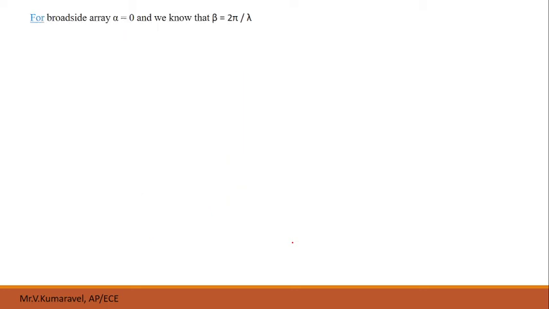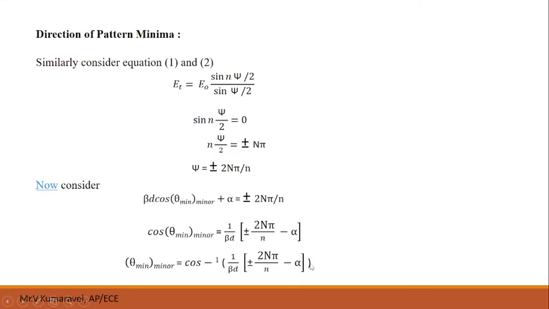Let us consider for broadside array alpha equal to 0, and we know that beta equal to 2 pi by lambda. If we substitute alpha equal to 0, this term will get eliminated. Beta equal to 2 pi divided by lambda, then the 2 pi will get cancelled.